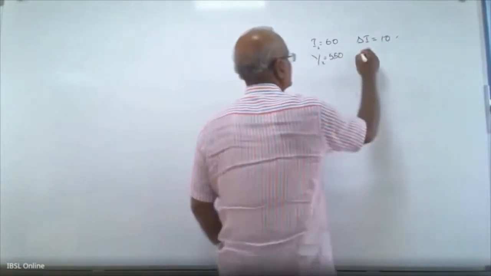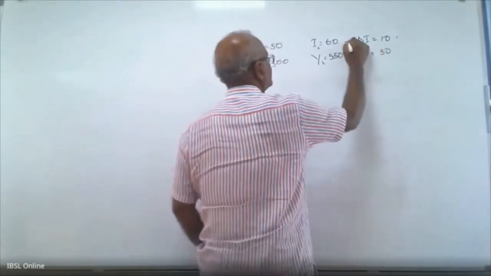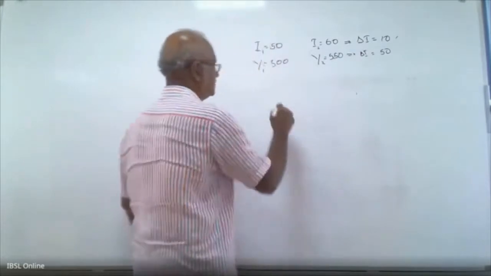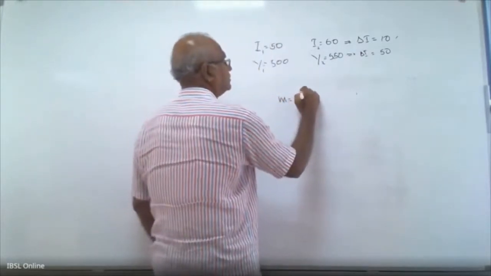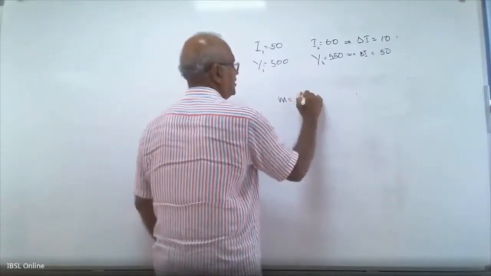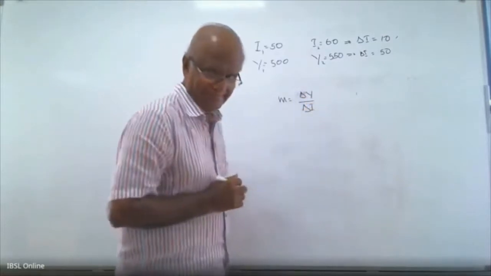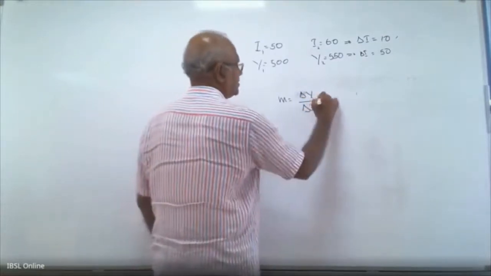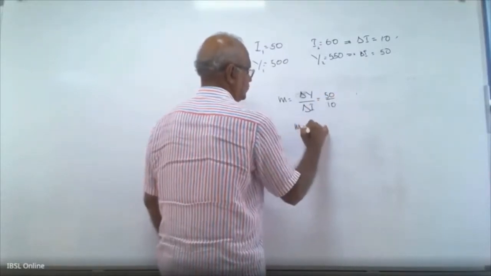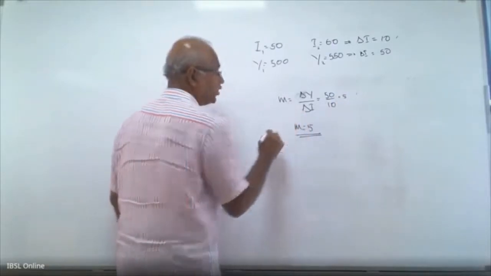The change in income is 50. So the multiplier is the change in income, GDP, divided by the change in investment. That is M equals 50 divided by 10, M equals 5. This is called the multiplier of the economy.